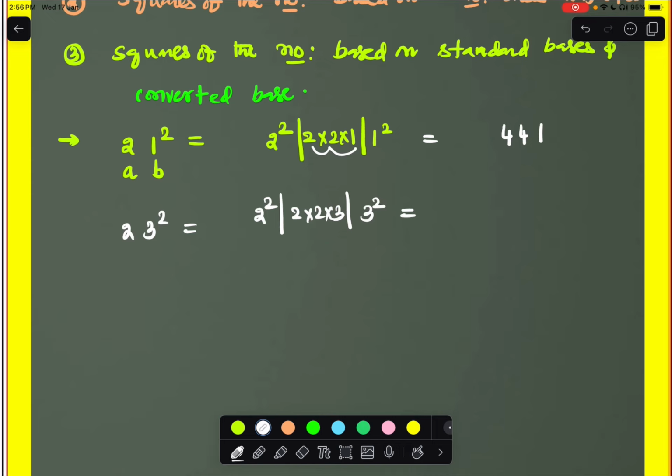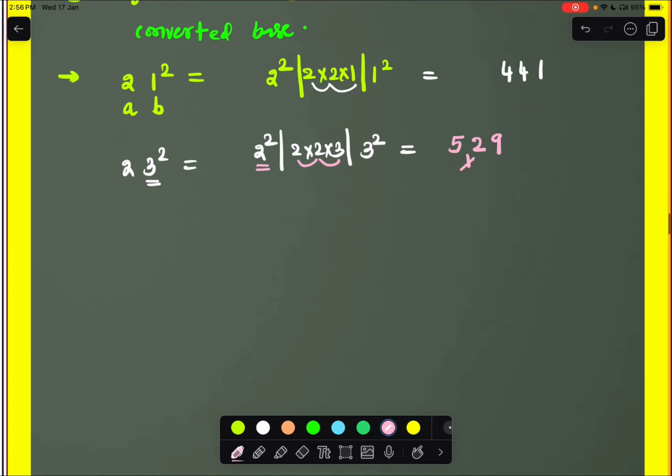If b is a single digit, in all places we write a single digit, and if extra digits are there we carry them forward. So 3 square is 9, and 2 into 2 into 3 is 12, write 2 and 1 is the carry. 2 square is 4, 4 plus carry 1 gives 5. We get 529. Like this we can calculate the squares of numbers.